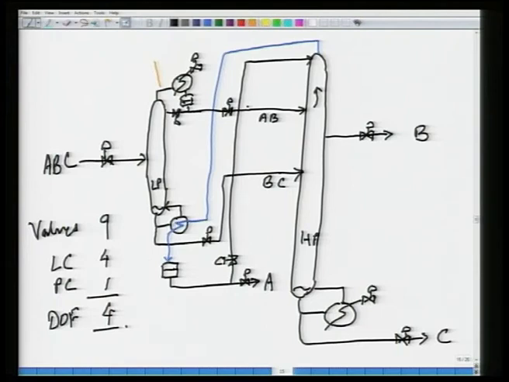Let us just see what are those 4 things that can be adjusted to get the kind of separation that we want. Well, of course, this reflux is something that can be adjusted, LLP, all right. LHP is something that can be adjusted, QHP is something adjusted, and something that can also be adjusted is this side draw stream.